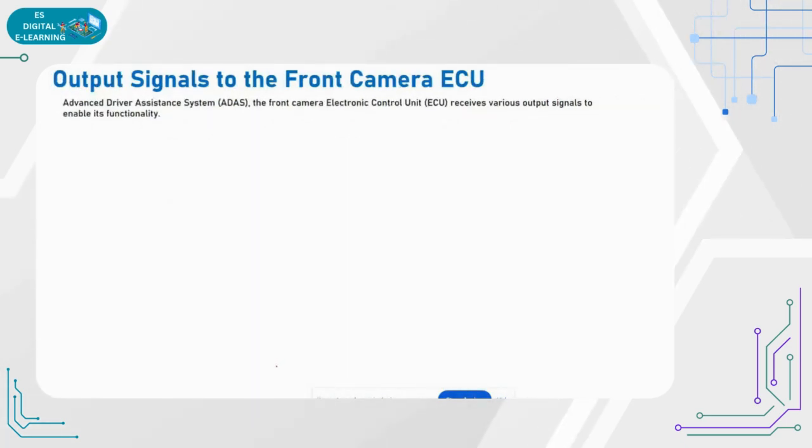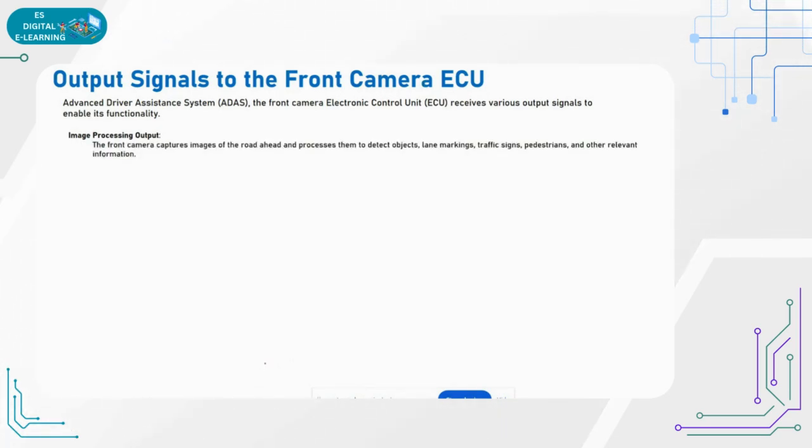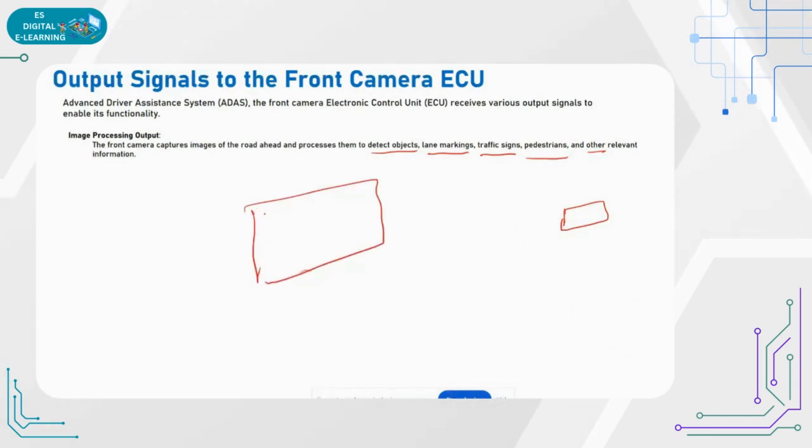Coming to the output signals, what are they? Image processing. Once the image is taken from the sensor, how it is processed, that detection is part of the output. The detecting of objects, lane marking, traffic signs, pedestrians, all these we are able to see on the car display. You have a car and you need to monitor the signals and all that. How are you able to do it?